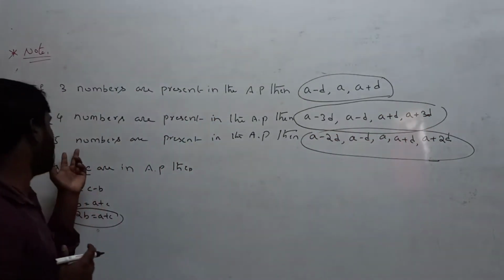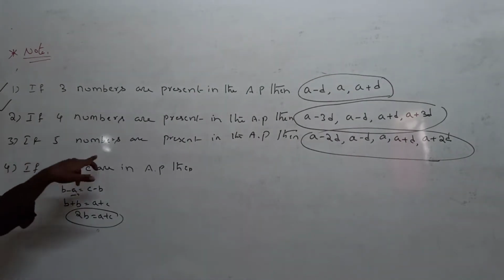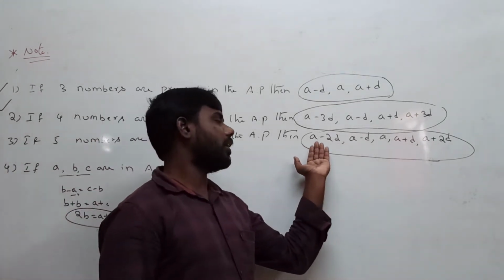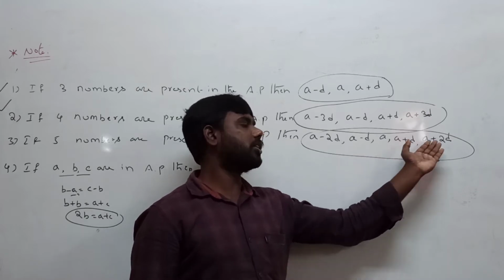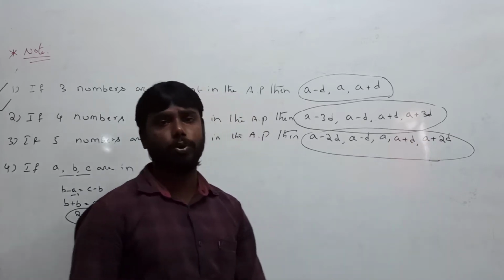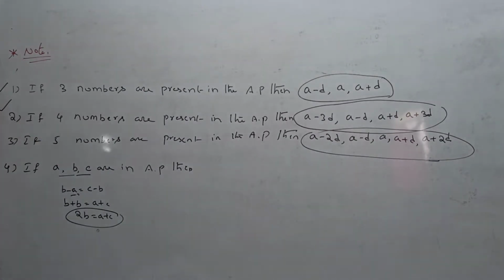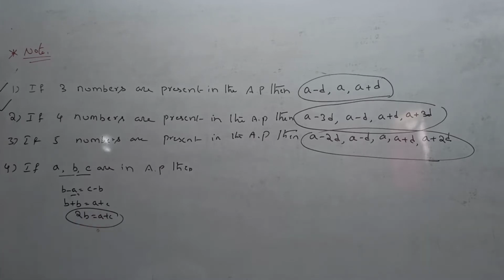Five numbers are not asked in the final exam, but I will explain that one also. If five numbers are present in the arithmetic progression, you can assume the five numbers are a minus 2d, a minus d, a, a plus d, a plus 2d. Suppose if three numbers are present in the arithmetic progression, we can take the condition 2b is equal to a plus c. Is it clear?